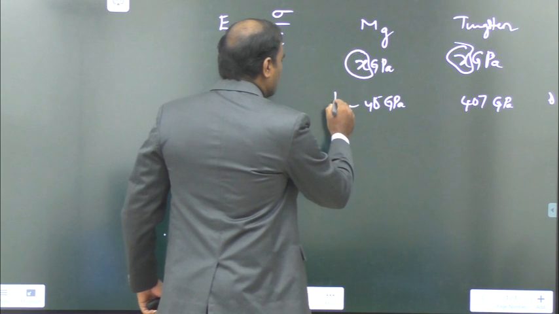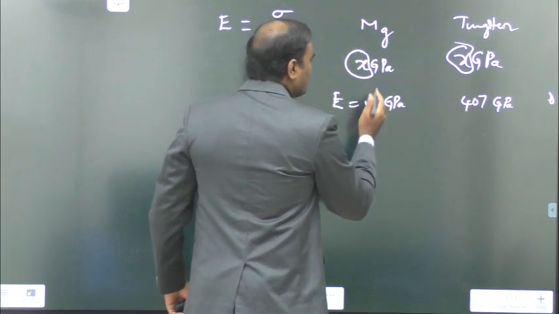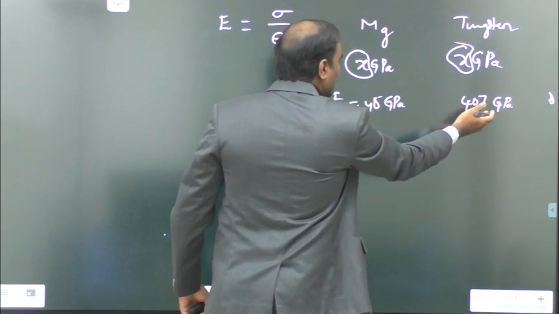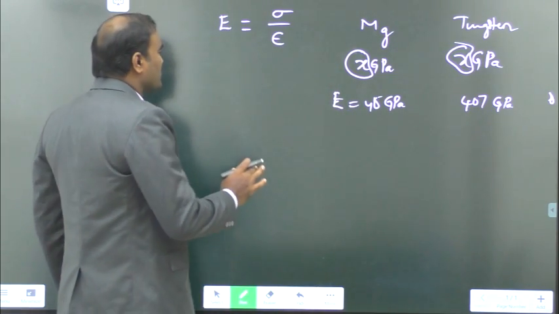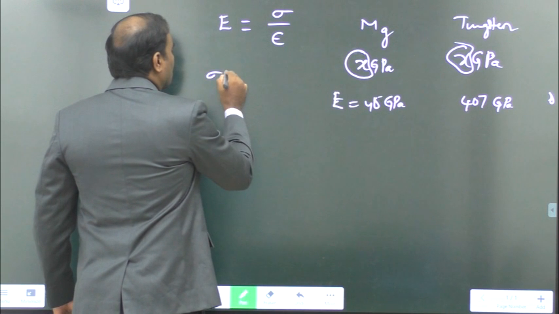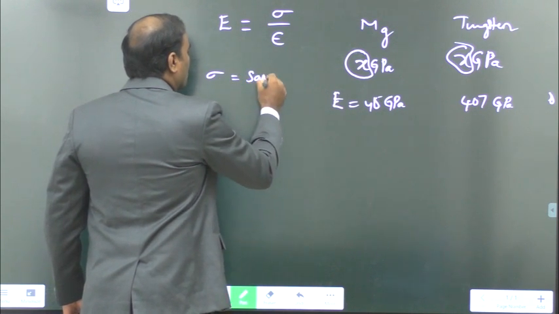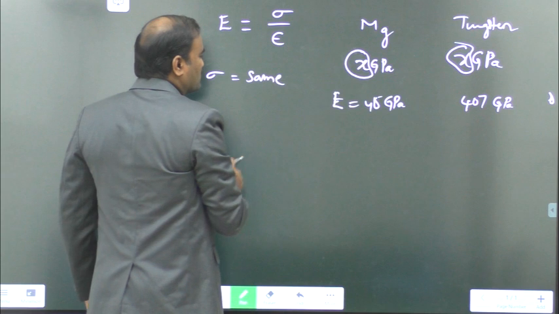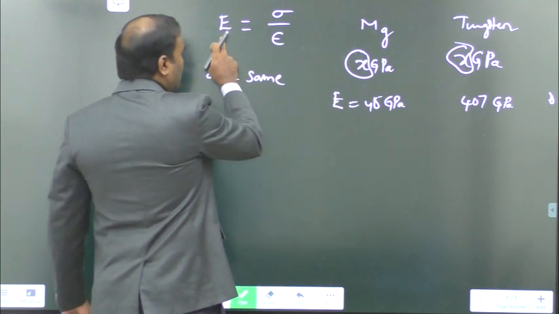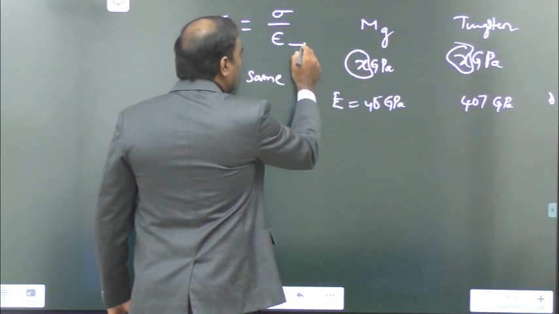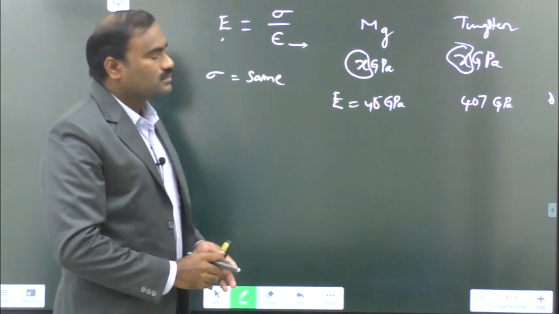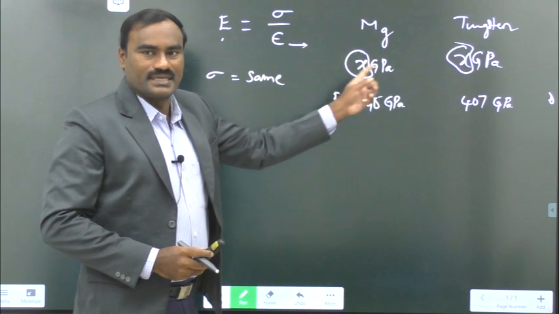The Young's modulus of magnesium is 45, whereas the Young's modulus of tungsten is 407 gigapascal. That means sigma is the same for both the materials, but E is different. So what does it mean? The strain is different for these two different materials.